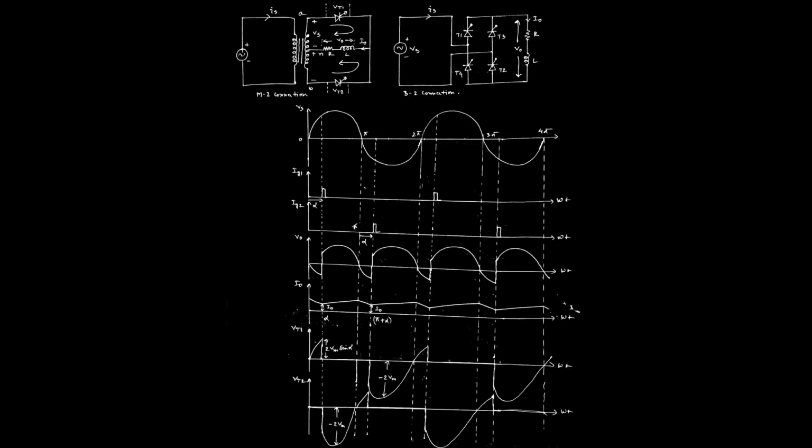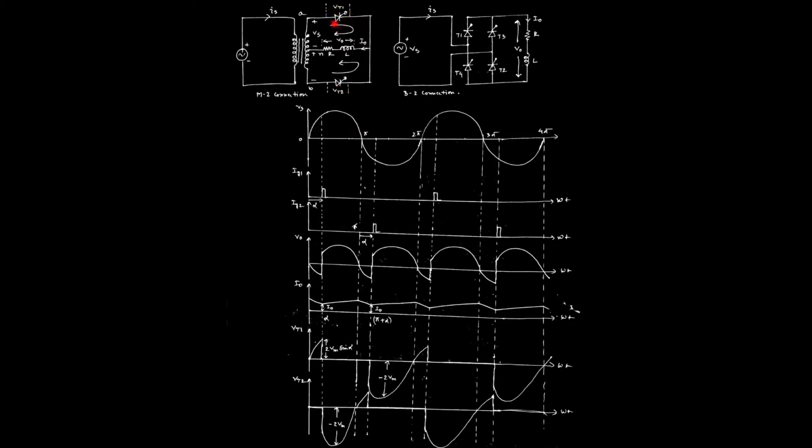Now the important part, that is the terminal voltage or blocking voltage across the SCR when the SCR remains in the off state. It is true that when the thyristor T1 starts conducting, then T2 stops working. When T2 starts conducting, then the thyristor T1 stops working.